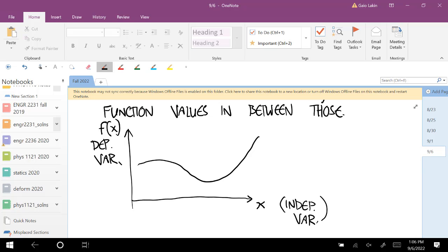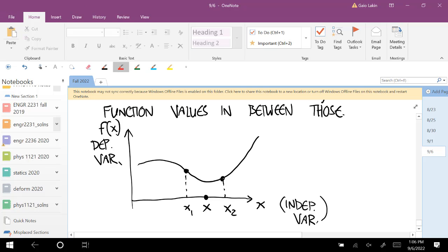But you're not given the function. You're only given the function values at these points x1 and x2. And you want to know what the value is at this x in between.